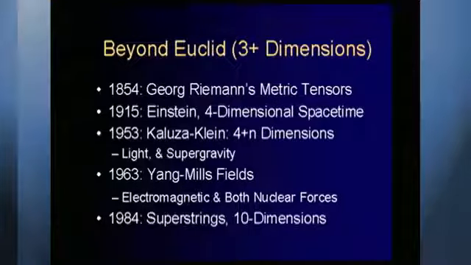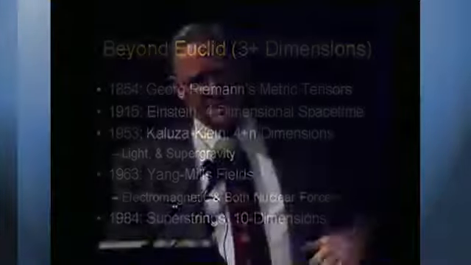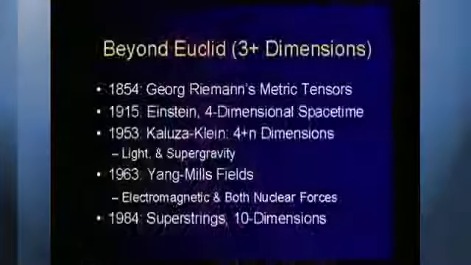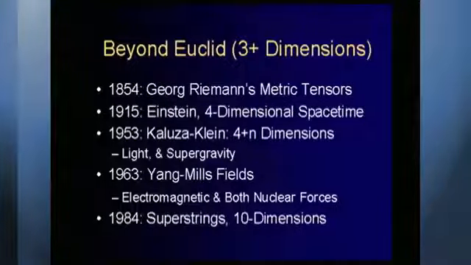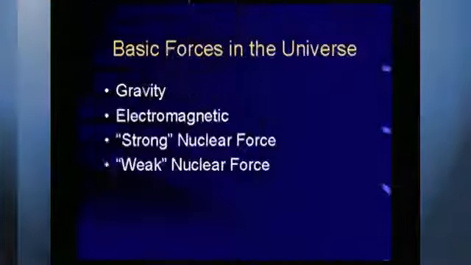Light and supergravity have been integrated by the Kaluza-Klein models, which are basically extending this four-dimensional space into more than 4, 5, 6, and so forth. And in 1963, the Yang-Mills fields, extending it even further, have integrated electromagnetic and both the nuclear forces, both the strong and the weak nuclear forces, for those of you that are familiar with physics. There are 4 basic forces in the universe, and 3 of the 4 have been integrated by these techniques.